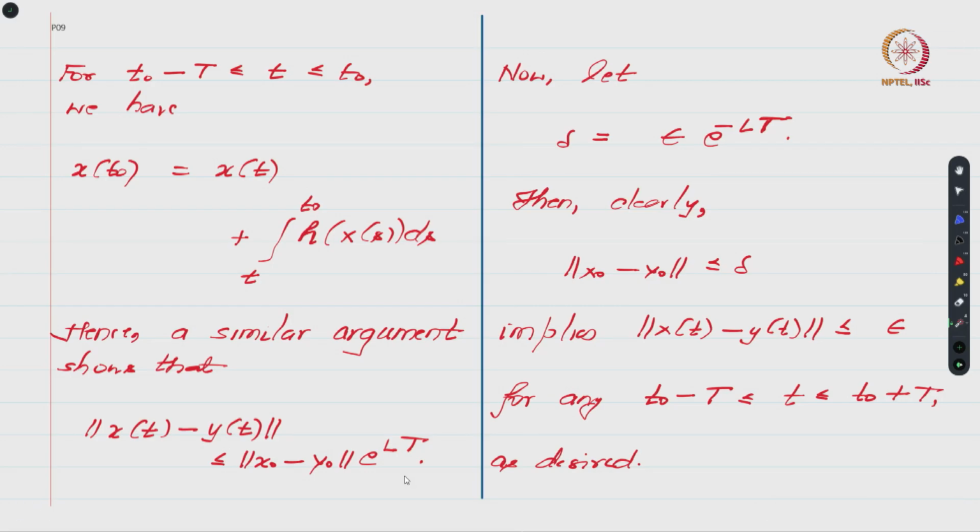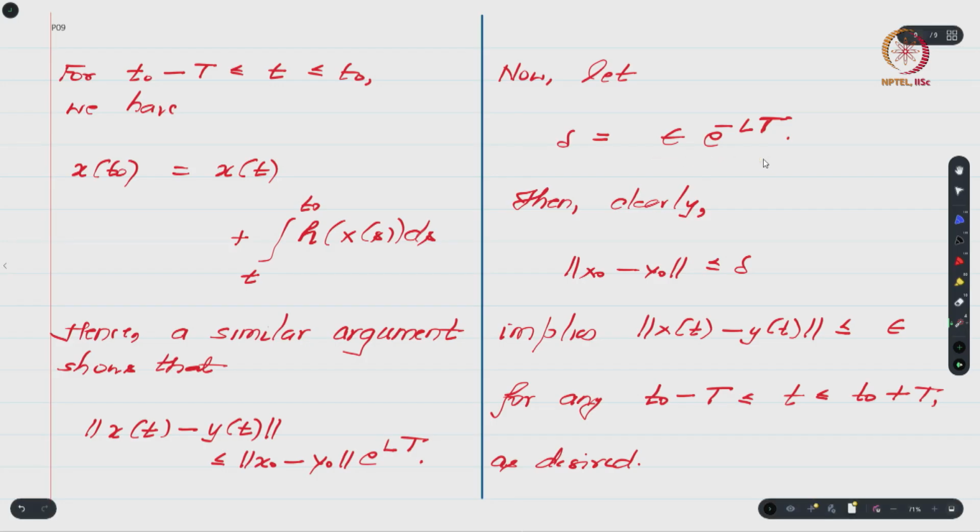So now we have to show that for this fixed T, what is the value of delta so that the right hand side is less than or equal to epsilon. Well, this is not very difficult. You choose delta which is epsilon times e raised to minus LT. So you choose such a small delta.